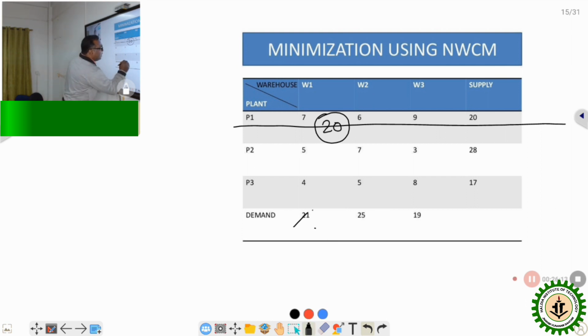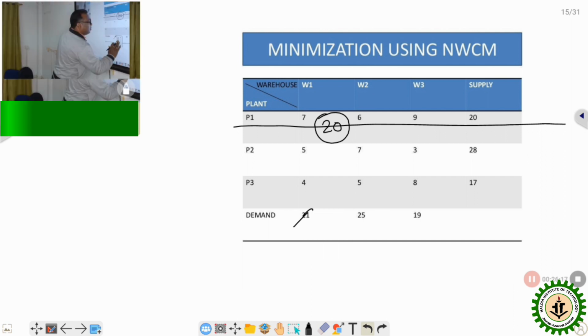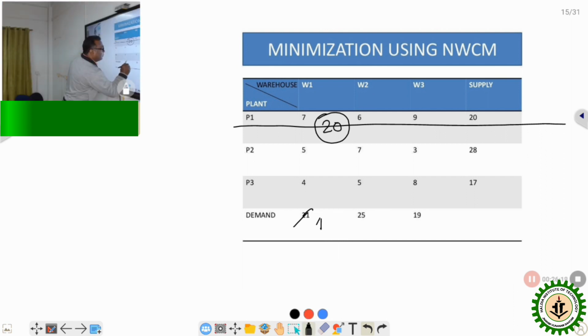Their demand is till 1 unit. So now you have a matrix with 2 origin but 3 destination. So what is the new matrix? The new matrix is nothing but this one.